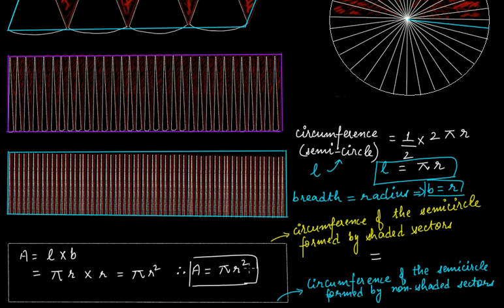So let's take a quick example. Let's say the radius of a circle is 10 centimeter, and if we take pi as 3.14, what will be the area?